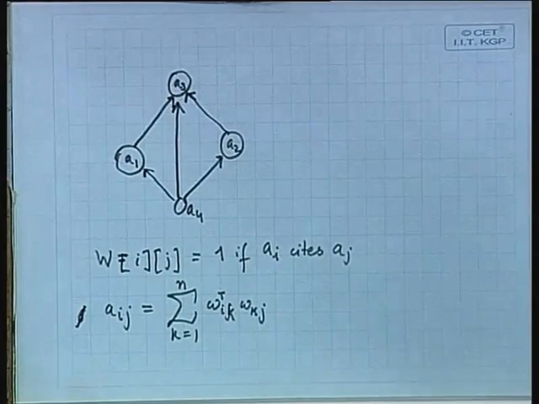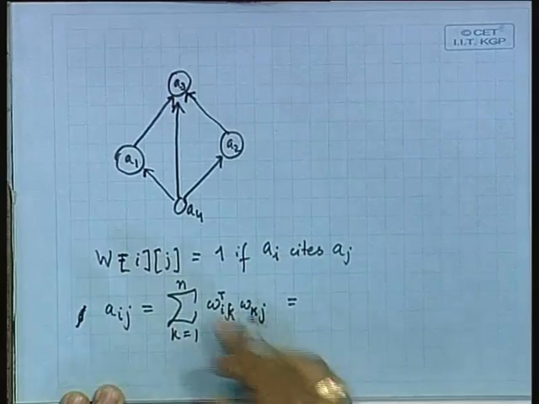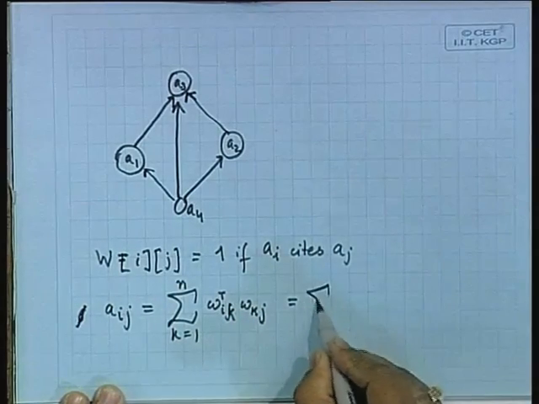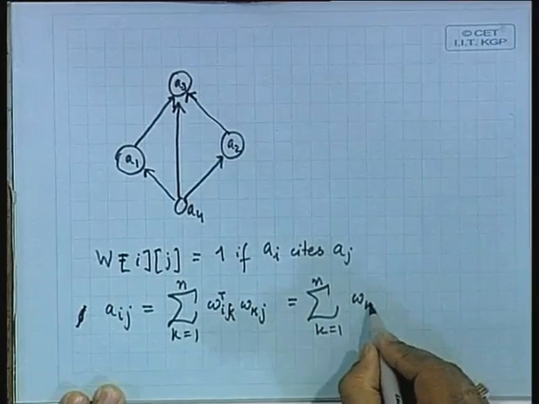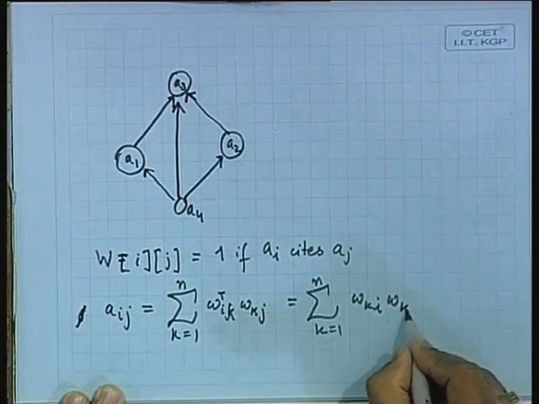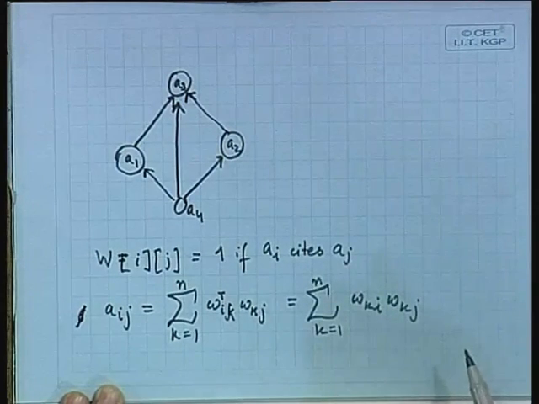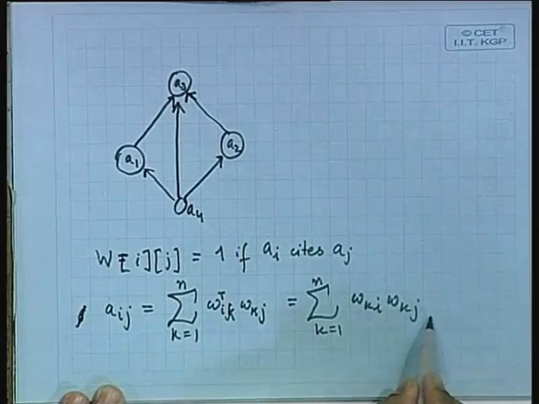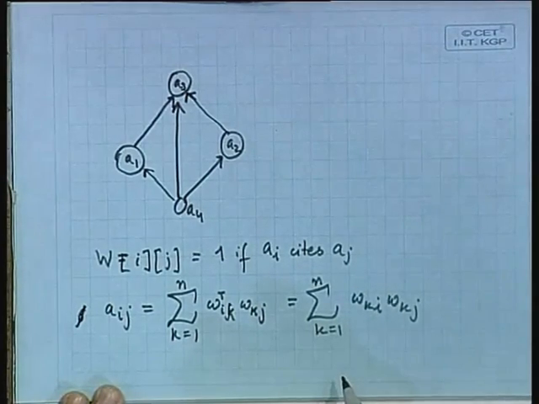It's a very simple expansion of matrix multiplication. So what is this particular element? It is Wik transpose times Wkj, summed over k. Wik transpose is nothing but Wki. So basically you are counting Wki times Wkj, the summation as k varies from 1 to n.